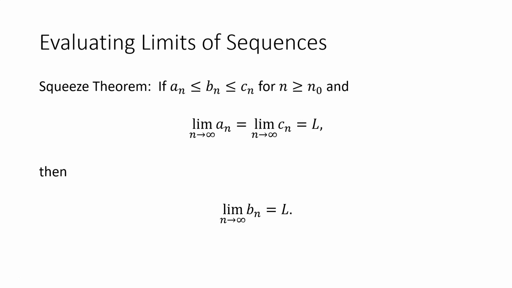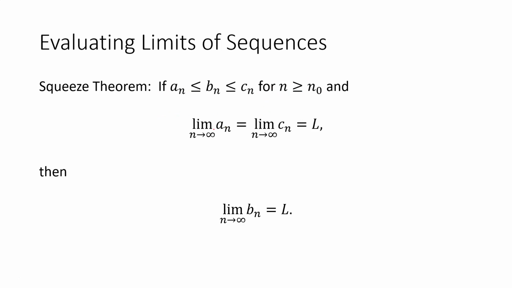What the squeeze theorem says is, if I have three sequences, an, bn, and cn, where the term bn is always between the terms of the an and cn sequences, for n greater than or equal to n0, so at some point this is always going to be true for all n beyond some cutoff n0.